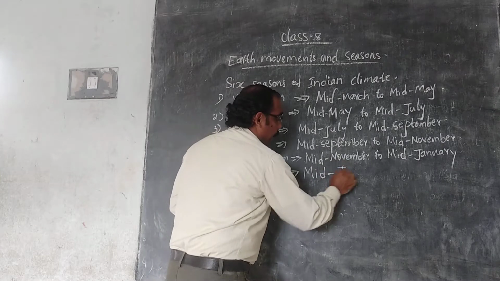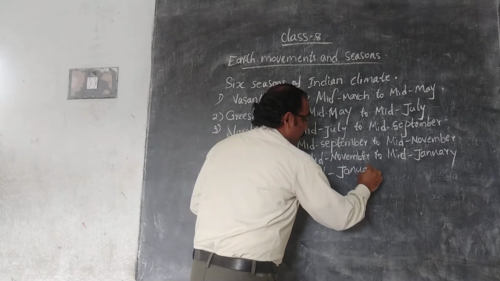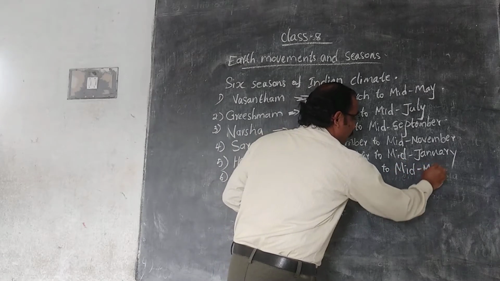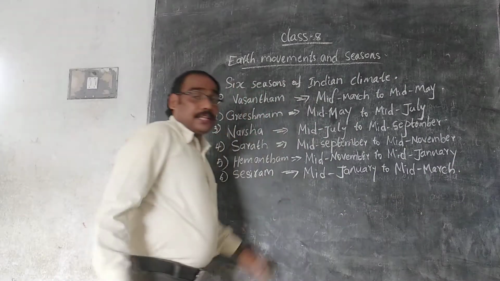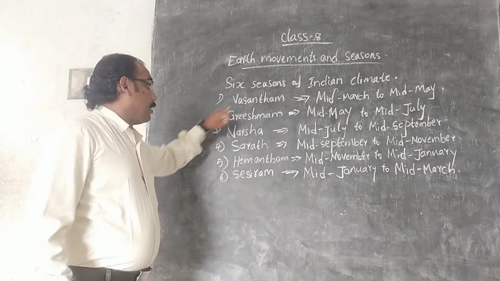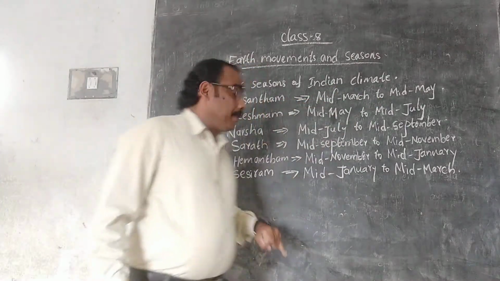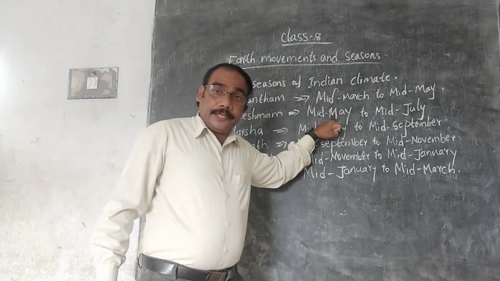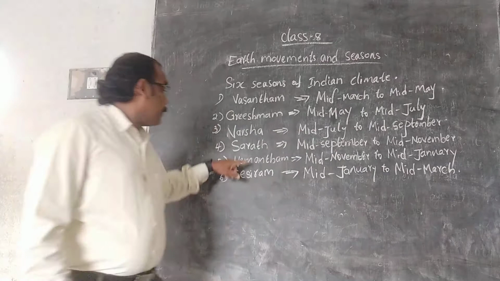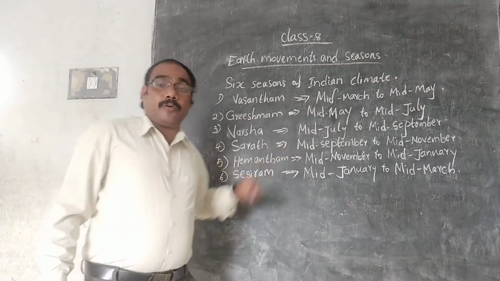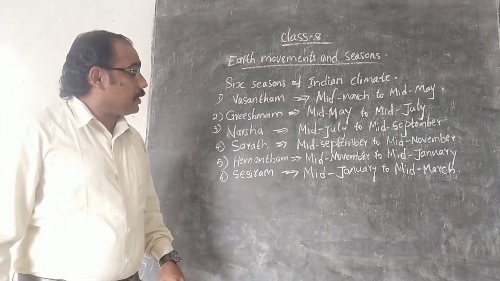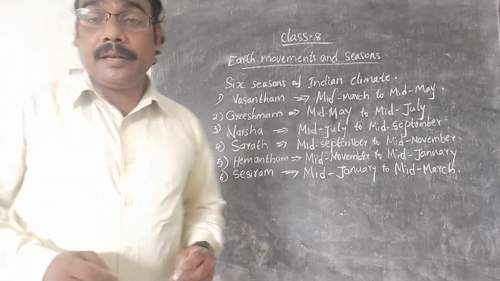Okay, these are the 6 seasons of our Indian climate. Vasantam, mid-March to mid-May, Grishma, mid-May to mid-July, Varsha, mid-July to mid-September, Sarad, mid-September to mid-November, Hemandam, mid-November to mid-January, and Sisiram, mid-January to mid-March.